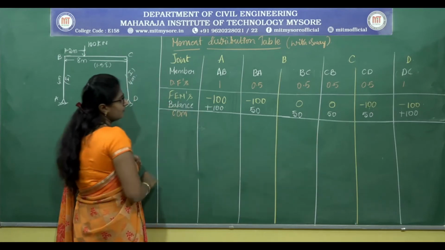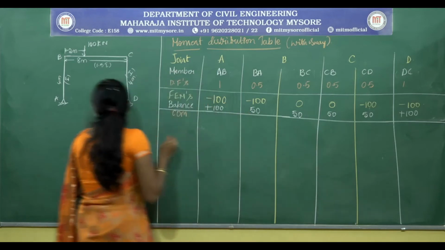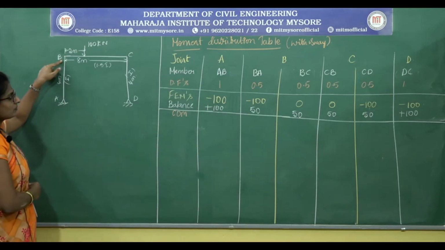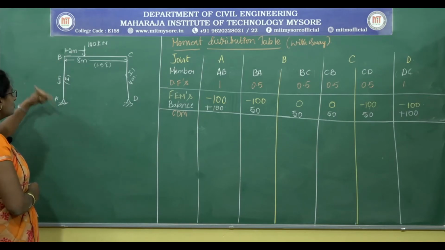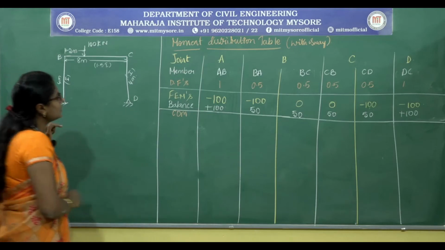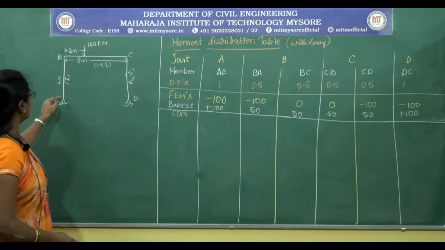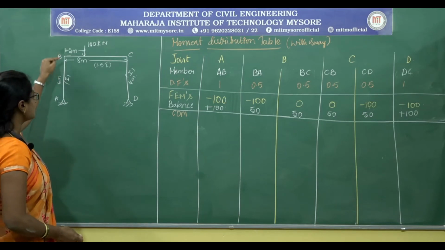Carry over moment. To carry the moment, for the member AB, at joint A the applied moment is say plus 100. So, half of the moment is to be transferred to the other end if the other end is fixed. Yes, B is considered as fixed.